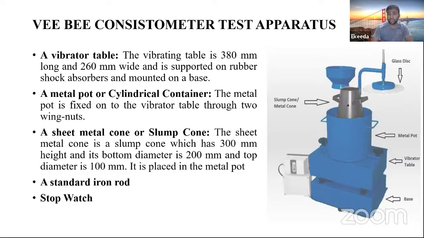Slowly, all the slump cone shaped concrete will disperse in that cylindrical mold, and when the cylindrical mold is completely leveled with that concrete, at that time we will stop the vibrating machine, and we will record that time during which the concrete changes its shape from the slump cone to the complete shape of the cylinder. Now that time is known as VB time.